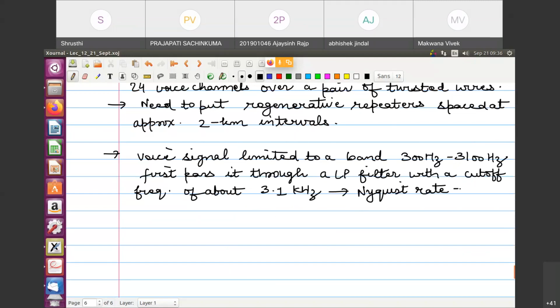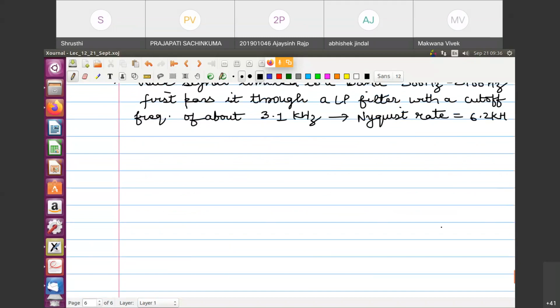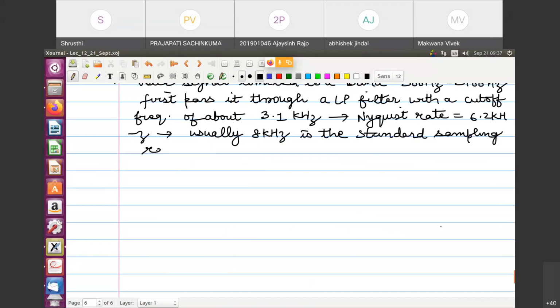Nyquist rate is equal to 6.2 kilohertz. Why? Because twice of this. But the standard in systems, it is usually 8 kilohertz. 8 kilohertz is the standard sampling rate in telephone systems.